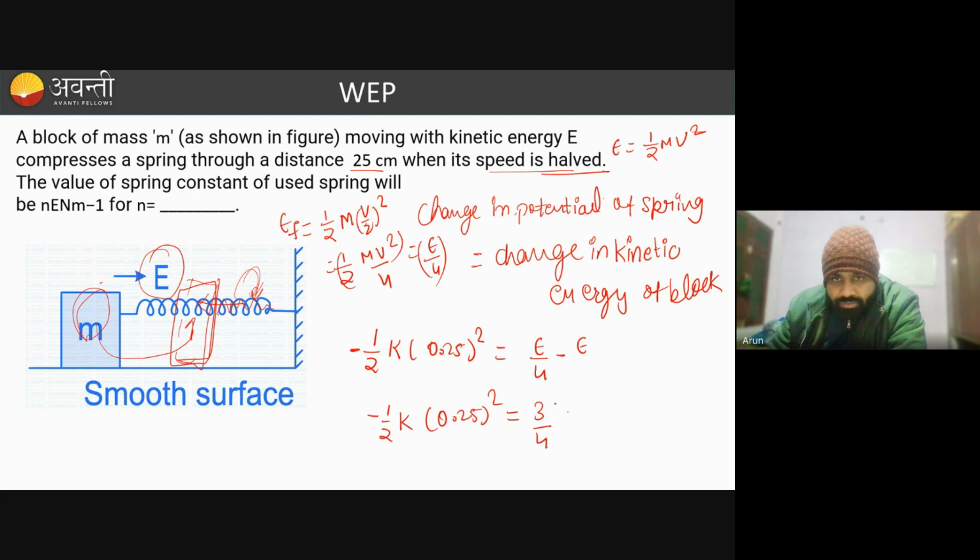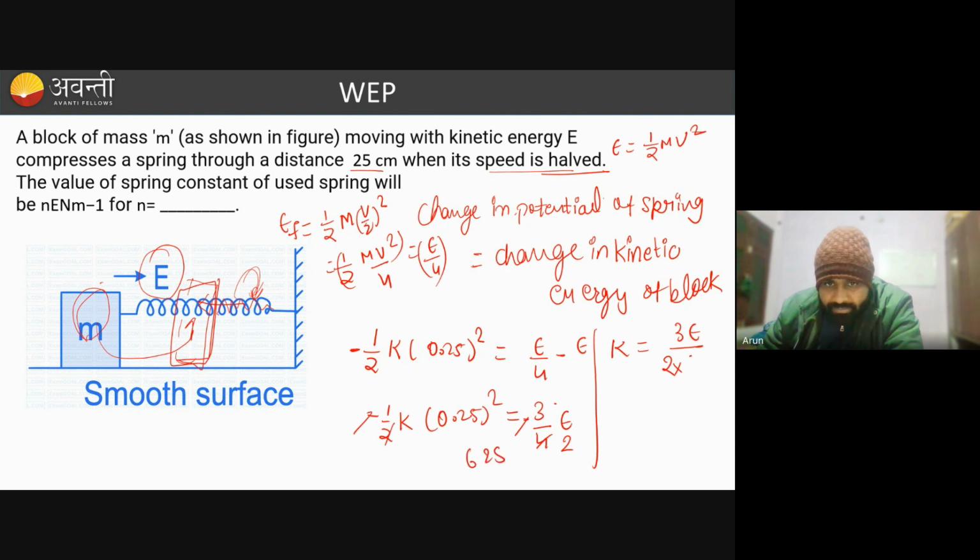equals, this will become 3 by 4 times of E minus. This minus and minus will cancel out. So finally, what do we have? This will become 2. K is equal to 3E upon 2 into 0.25 squared, because 25 is 0.25, the square of 0.25 will become 0.0625, or more easily you can do it.